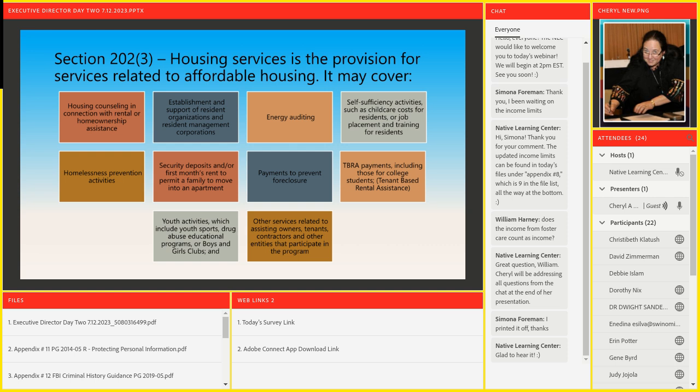Also homeless prevention activities, security deposits, first month's rent to permit a family to move into an apartment, payments to prevent foreclosure, tenant-based rental assistance, including those for college students, and youth activities, which include youth sports, drug abuse educational programs, Boys and Girls Club, and other services related to assisting owners and tenants, contractors, and other entities that participate in your program.